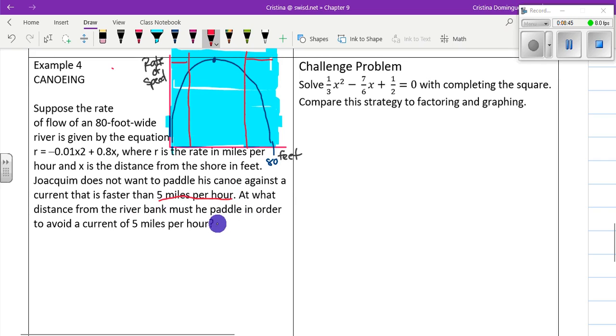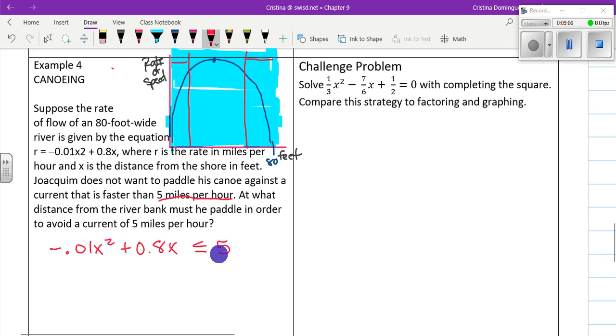He wants to stay slower, so I think of it like this. The rate, negative 0.1x to the second power plus 0.8x has to be less than or equal to a rate of 5 miles per hour. This is how we would set up the problem, okay?